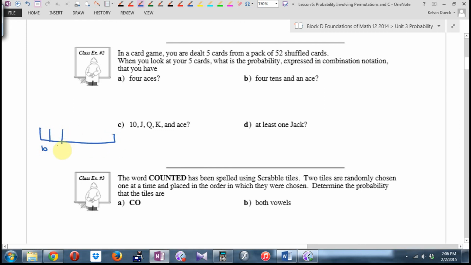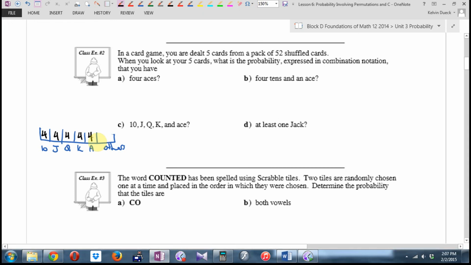Tens, jacks, queens, kings, aces, and others. So 5 different cards is going to give you 6 categories in your bucket. There's 4 tens, 4 jacks, 4 queens, 4 kings, 4 aces. How many others?